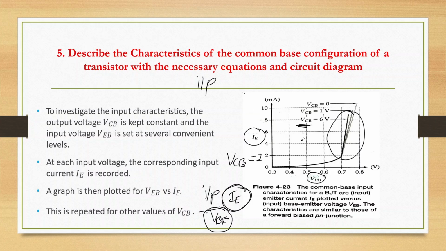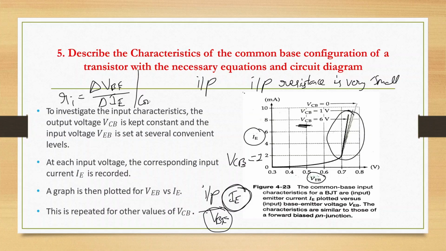It means that the input resistance is very small. The input resistance is the small change in VBE to the change in IE for constant VCB.